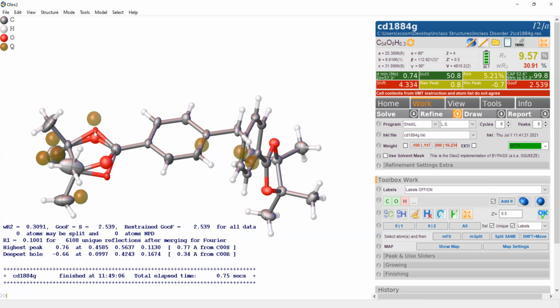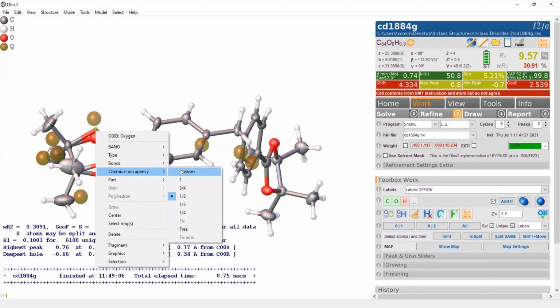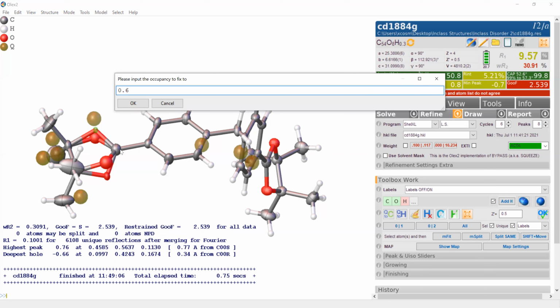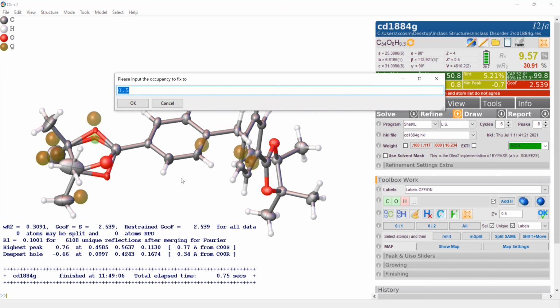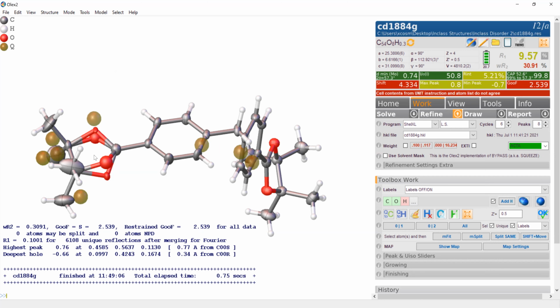So again, here you see that the one that was already a thermal ellipsoid is quite small, and the sphere is quite big. So we're going to change this back to 60%, which is in line with this one over here. So now these two are 60% and these two are 40%.